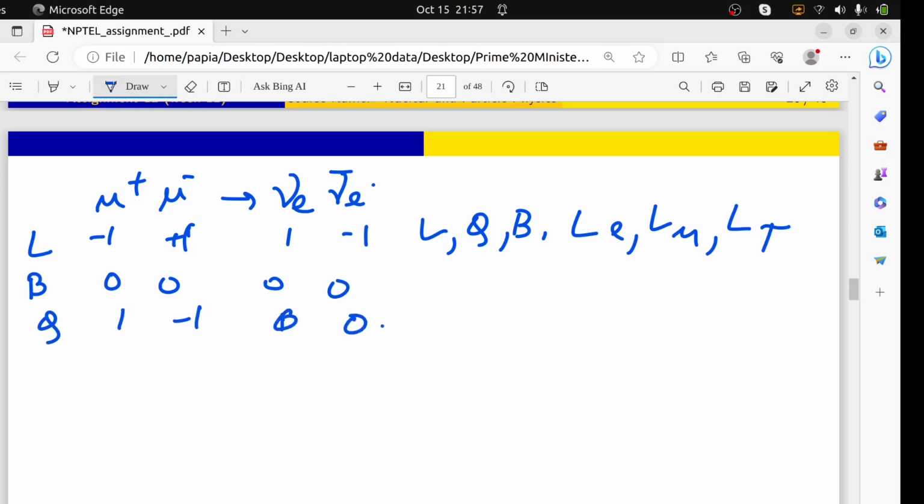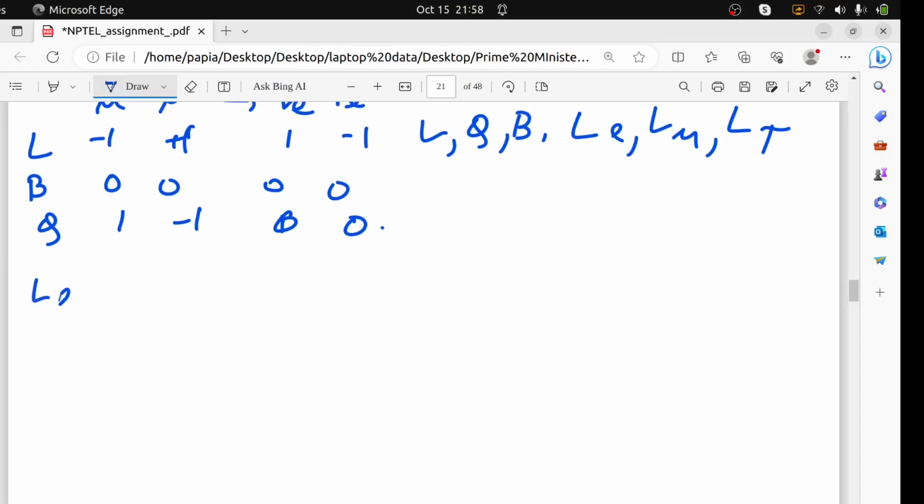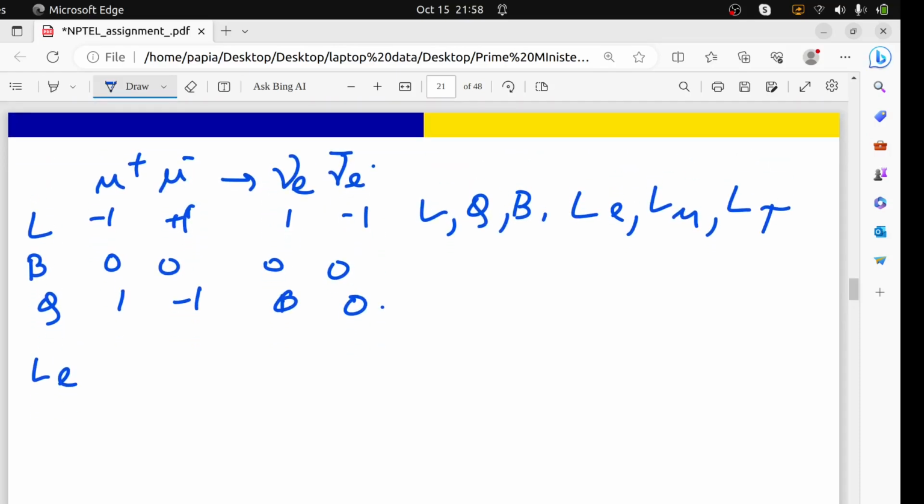Fine. Now LE will be here 0, 0, 1, minus 1. L mu will be 1, minus 1, 1, 0, 0, and L tau is 0, 0, 0, 0. So all the terms L, Q, B, LE, L mu, L tau are conserved under this nuclear reaction. So this nuclear reaction will be allowed.